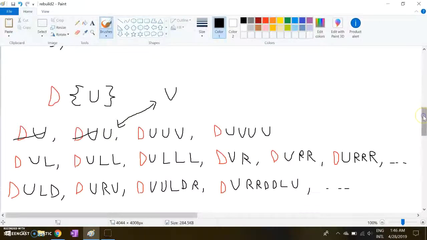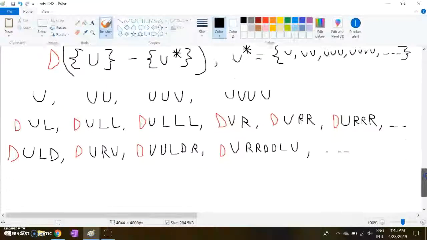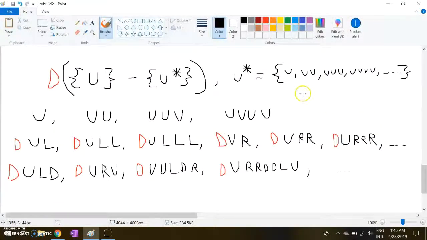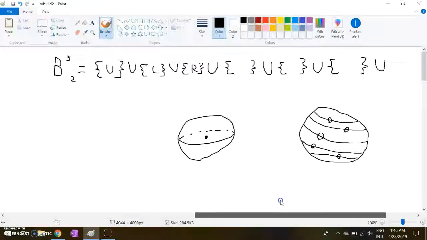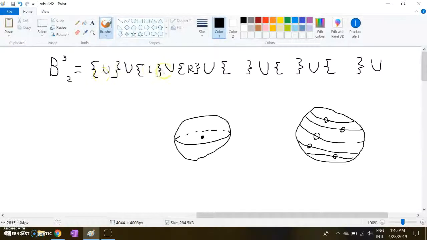So what we end up doing is pulling out not just the ups, but anything that is just a string of ups. We have to take all of those out, rotate everything, and then put the string of ups back in, and that way we don't have any extra copies of anything we don't want to duplicate. And so from this, we're able to get the up pieces, the left pieces, the right pieces, and not the starting points.